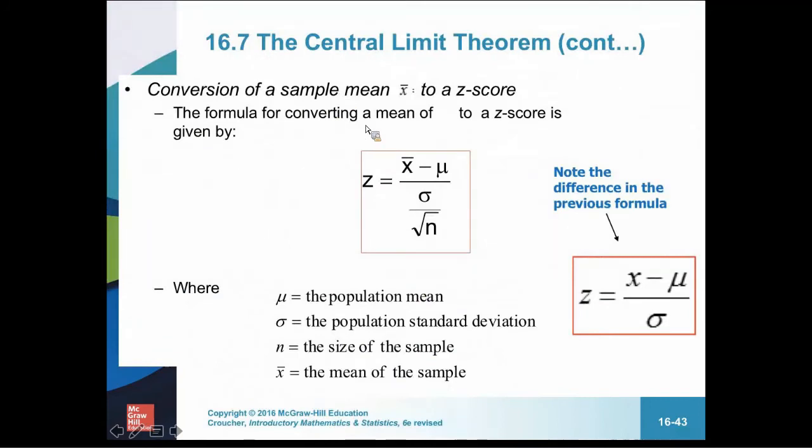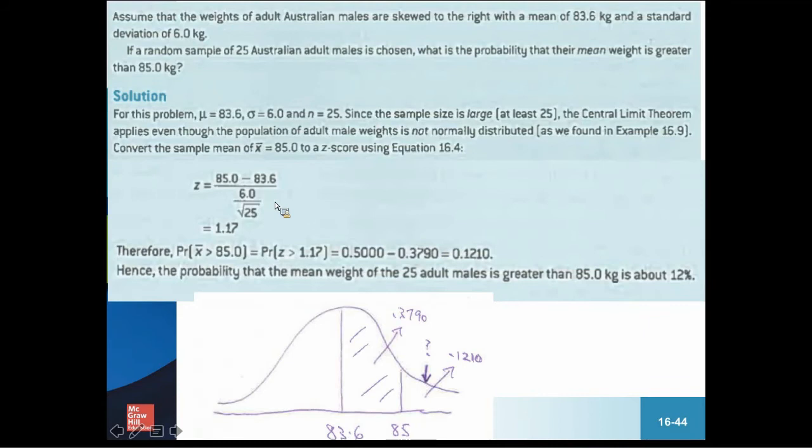So we just plug the data straight into the formula you saw on the previous page. This one, we're using that formula there. So we're going to plug in the sample mean of 85 minus the population mean over the population standard deviation divided by the square root of 25.